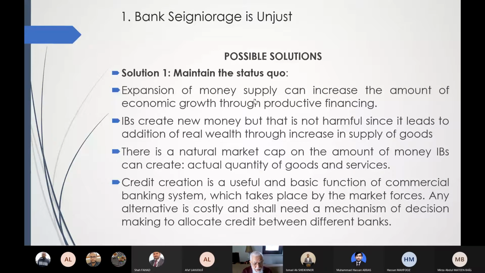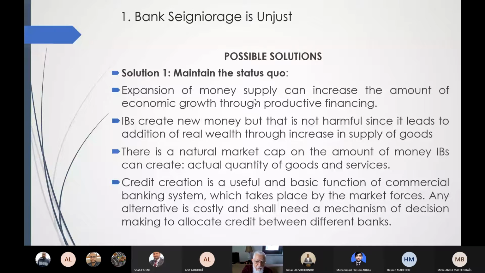One, Islamic banks cannot give financing more than the real transactions. In other words, Islamic banks are definitely committed to real transactions, whereas conventional banks can give financing for debt transactions: to transfer debts, to pay debts, to discount debts.